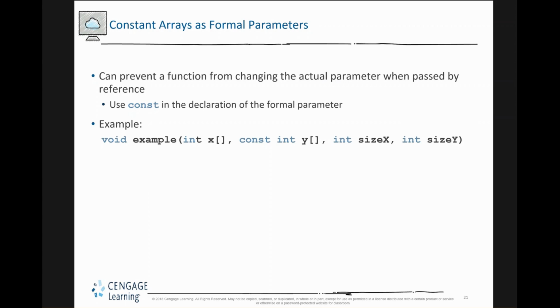Well, there is a way to keep that from happening, to keep those values from changing. You can use the const, C-O-N-S-T, constant reserved word. In the example on this slide, the array X can be modified by the function, but the array Y cannot. This one can be modified. It can change values, and that's okay. But this one keeps those values the same.